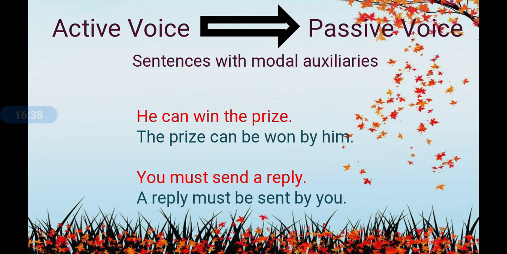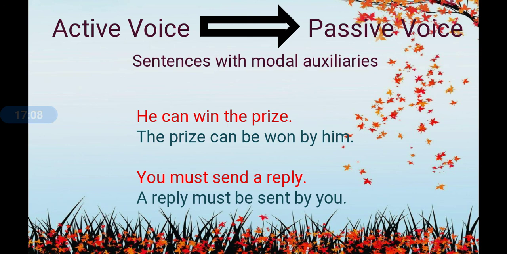Now, let us know how to convert active into passive voice when a sentence is having modal auxiliaries, that is, can, could, shall, should, may, might, etc. He can win the prize. Here, the modal auxiliary used is can. So we have to make object as the subject, that is the prize, and subject as the object, that is he.